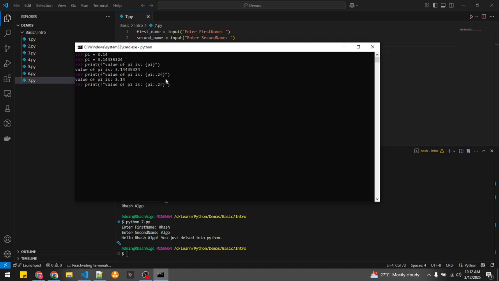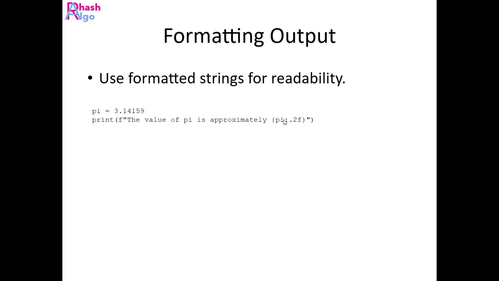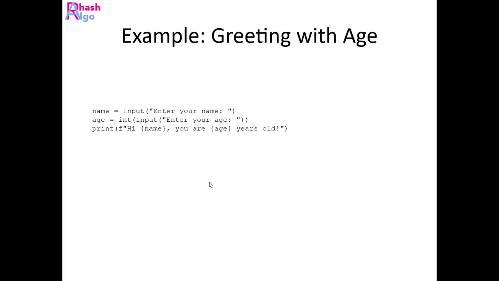If I give .3, it will print 3 decimals. Don't get confused, it's very simple. If I want to print 2 decimals, I should be giving .2. That's how, guys. Now let's move on.